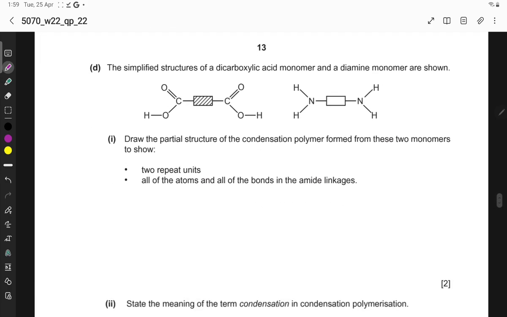The simplified structures of dicarboxylic acid monomer and diamine monomer are shown. Draw the partial structure of the condensation polymer formed from these two monomers, showing 2 repeat units.